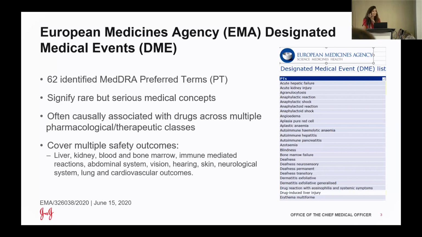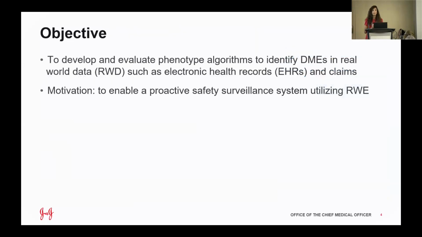It's a long list, but here are some examples: acute hepatic failure, acute kidney injury, and so forth. So what we wanted to do is develop and evaluate phenotypes to identify DMEs in observational or real-world data, such as electronic medical records and EHR.